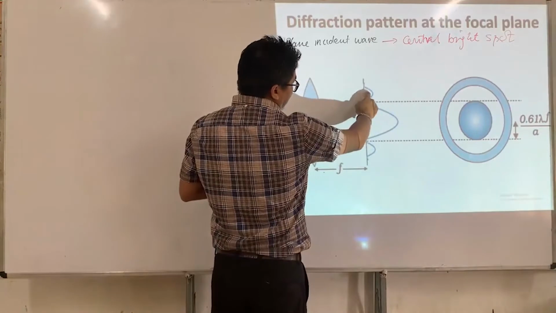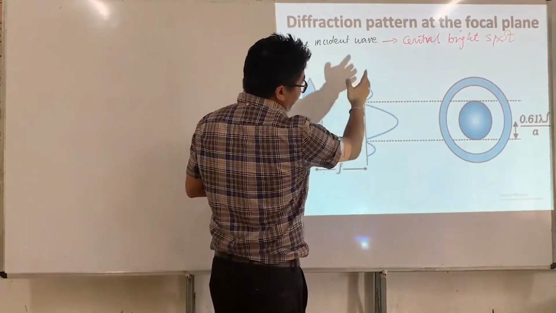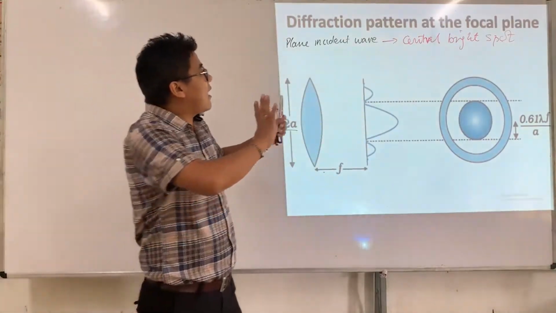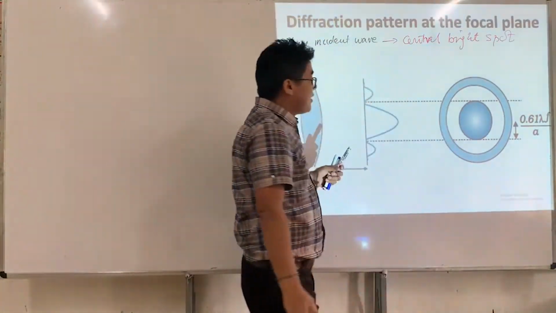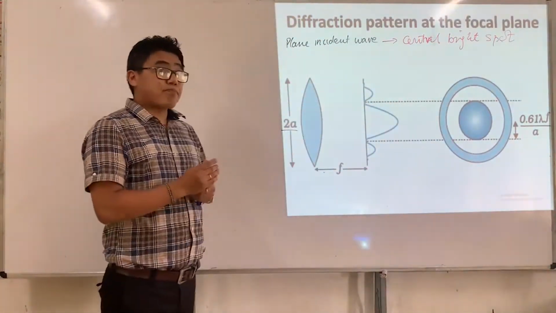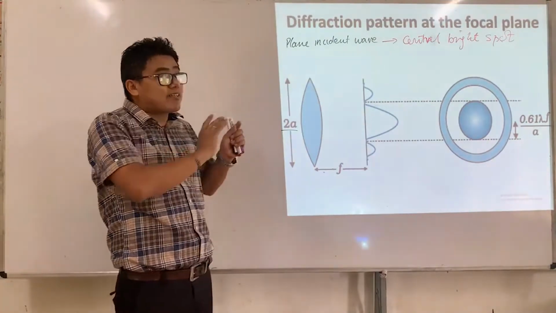This is the central bright, and this is the secondary bright. This is the diffraction pattern when light passes through an objective lens.